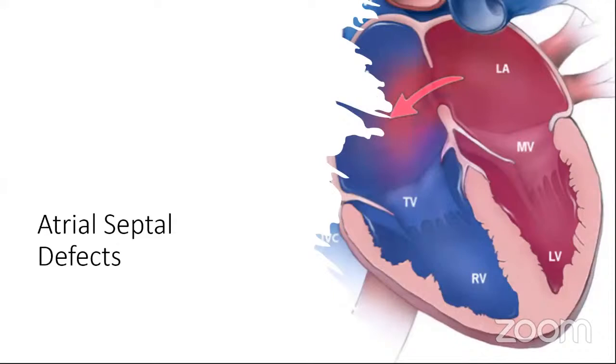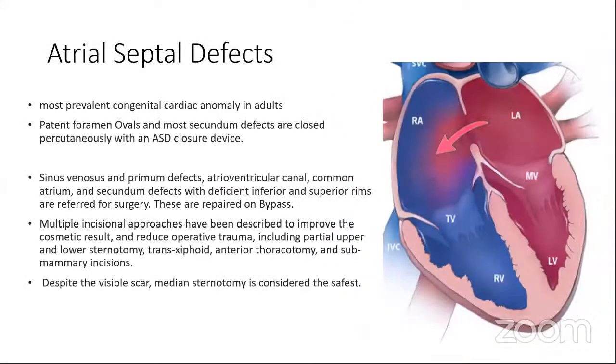The atrial septal defects. It's the most common congenital cardiac anomaly in adults. The transcatheter device closure for ASDs has significantly changed the average surgical case volumes.